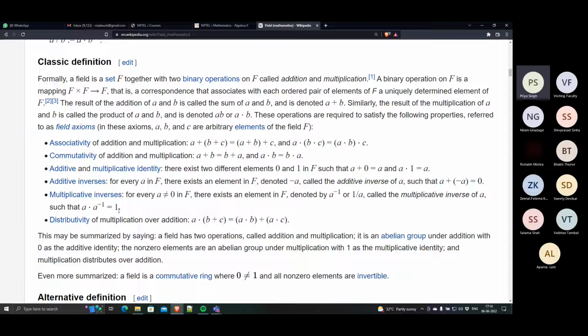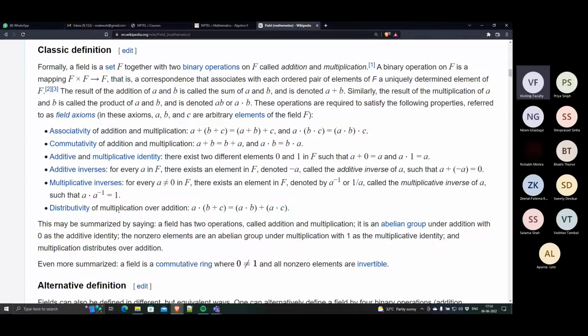M is equal to 1 by 2, which does not belong to the set of integers. So 1 by 2 is not an integer, and therefore the inverse doesn't exist in Z. Okay, fine.